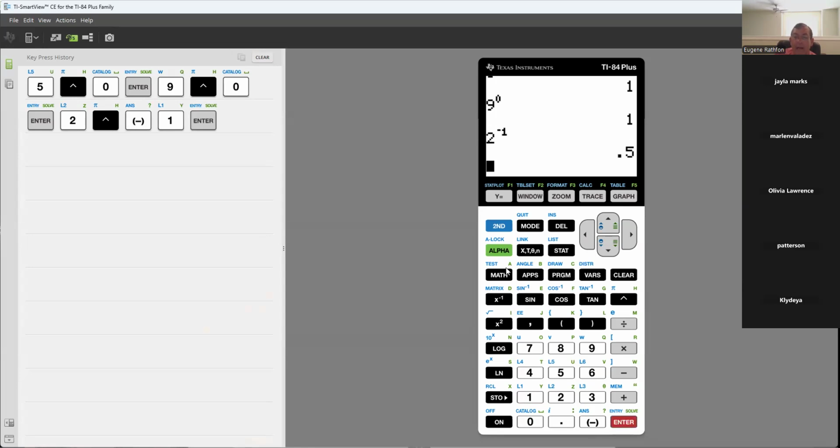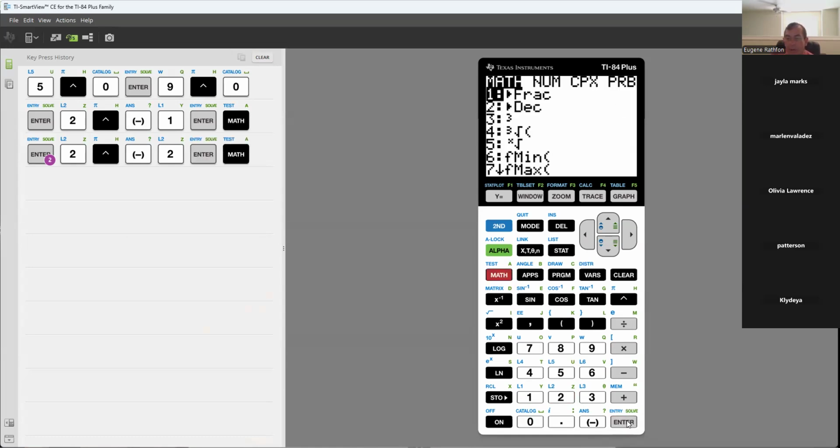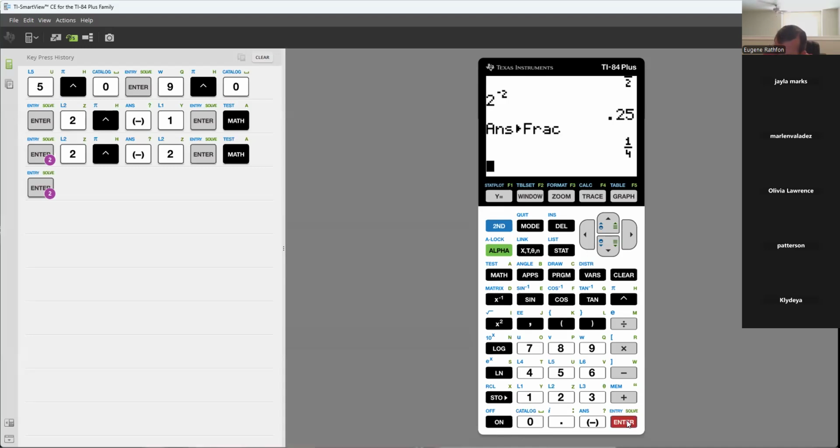That'll give me 0.5. And if I want that as a fraction, I can hit math, enter, and that'd be 1/2. So when x was negative 1, I got a 1/2. Let me do 2 exponent negative 2. I get a 0.25, but if I turn that into a fraction, I get a 1/4.